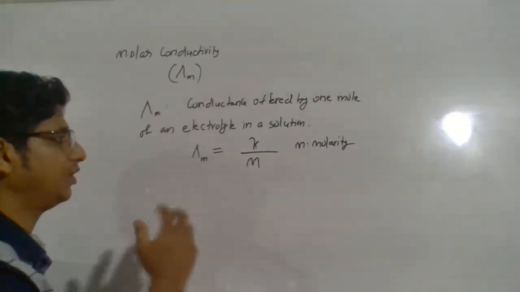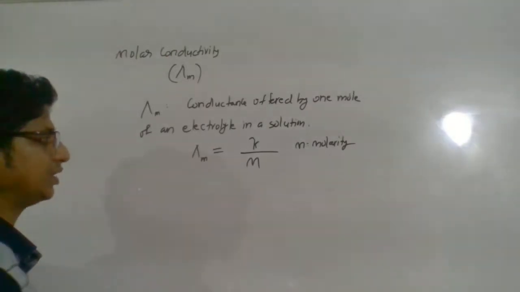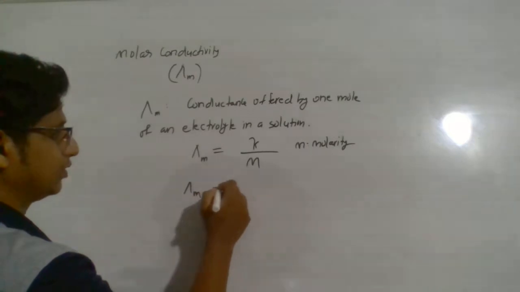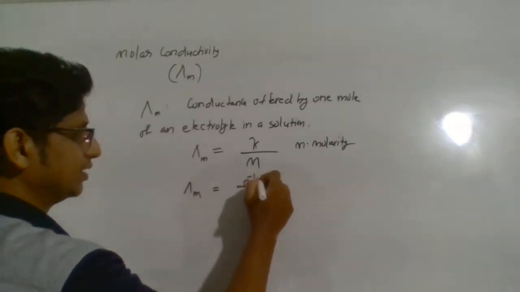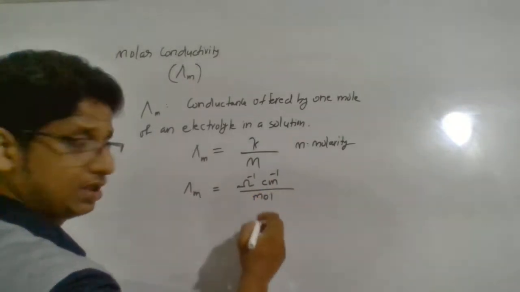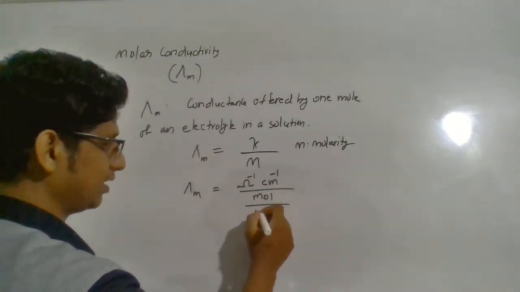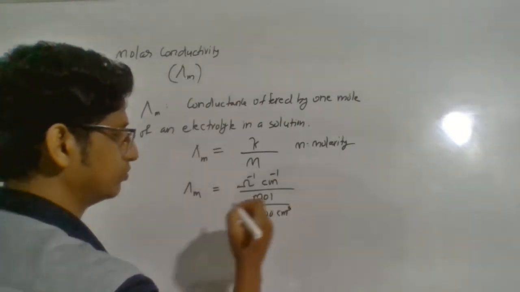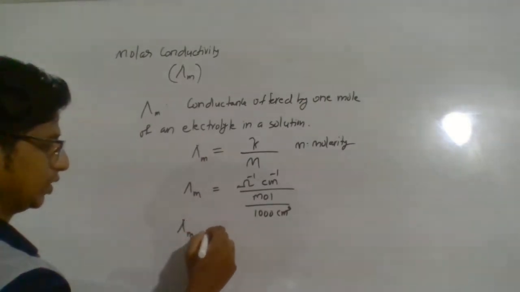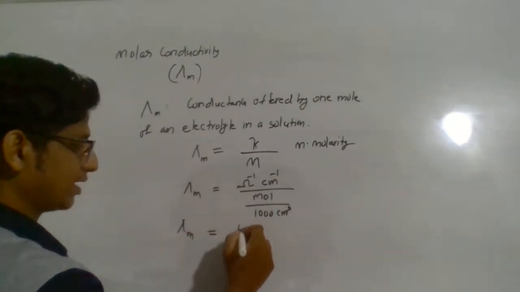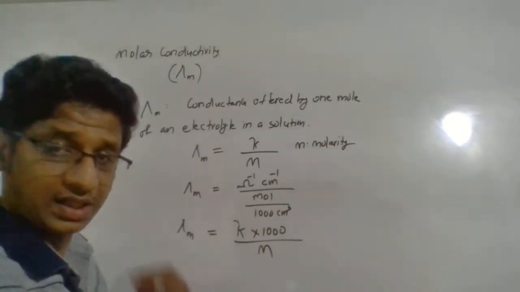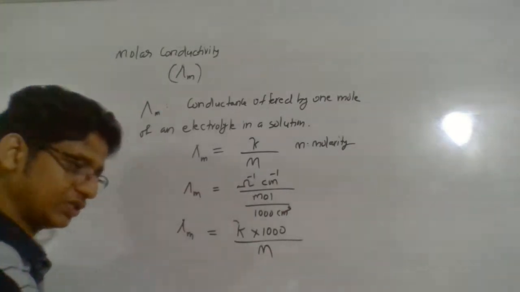Similarly, if you try to find the unit for lambda m, lambda m will be equal to ohm inverse centimeter inverse divided by, instead of gram equivalent, mole, divided by mole per liter. Liter you can express as 1000 centimeter cube. 1 liter is 1000 centimeter cube. So lambda m is equal to kappa, conductivity, into 1000 divided by M. Generally we use molarity, though you can also express in molality.